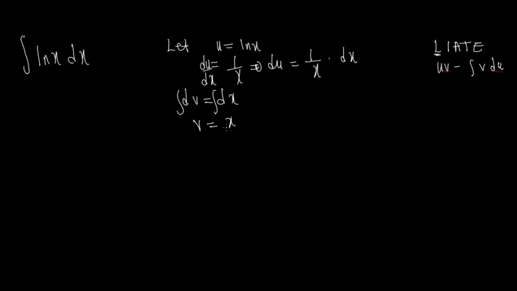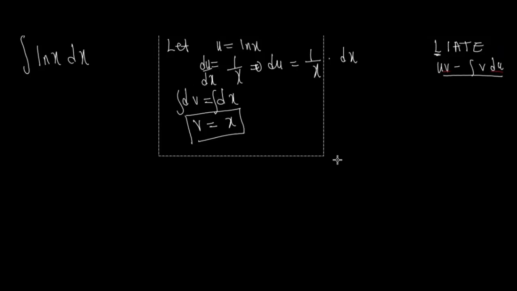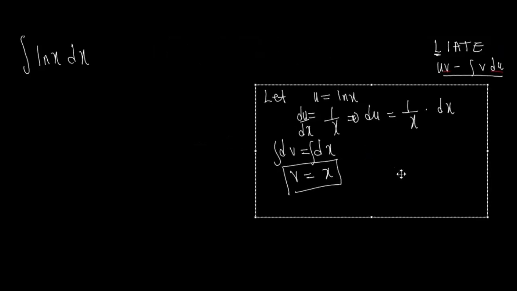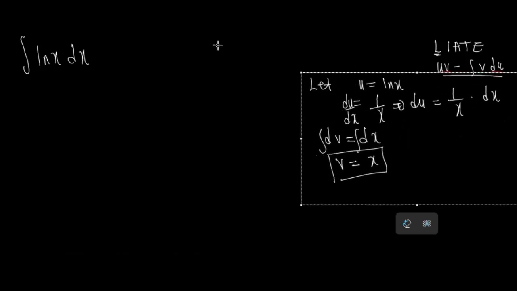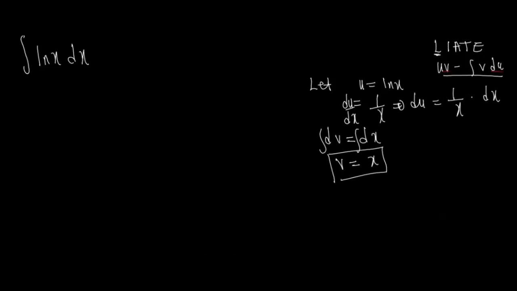So we need to take this information which is here and substitute it into this formula. So let me create some space. So this one will be equal to, we are going to use this formula.